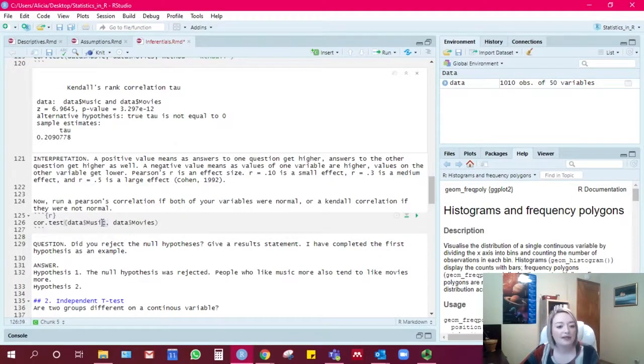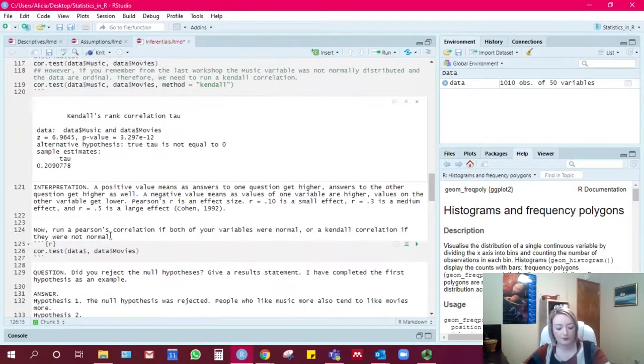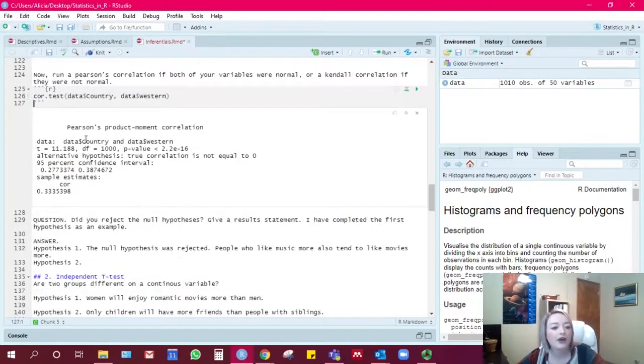I'm just going to copy the Pearson's correlation code, and then I'm going to put in the two variables that we want to look at, which were country music and Western movies. And we'll run that correlation. Okay, this Pearson's correlation was 0.33.